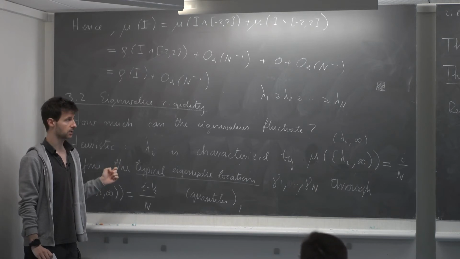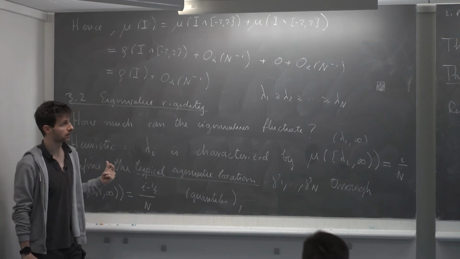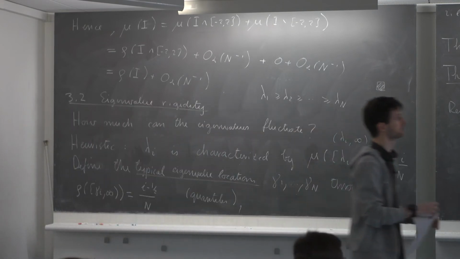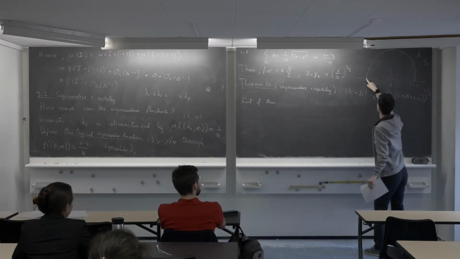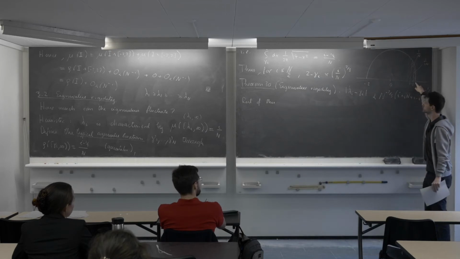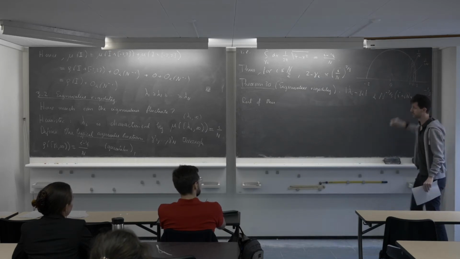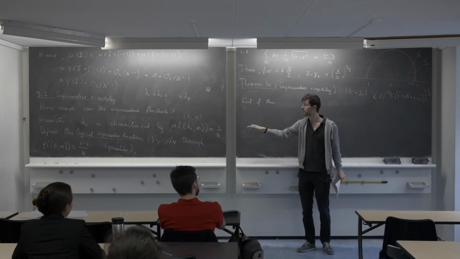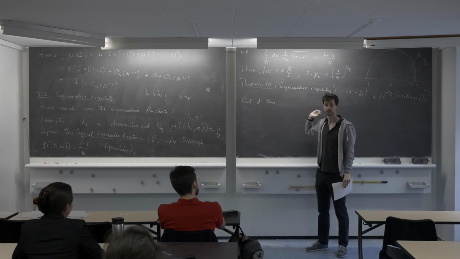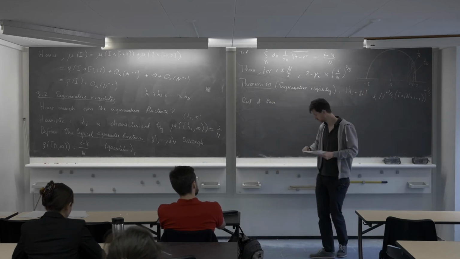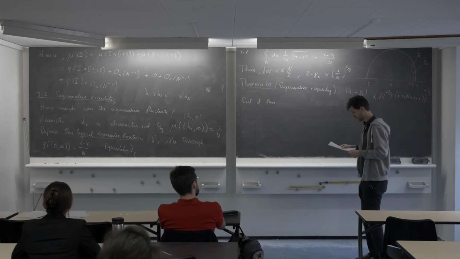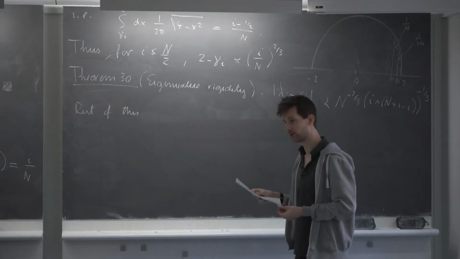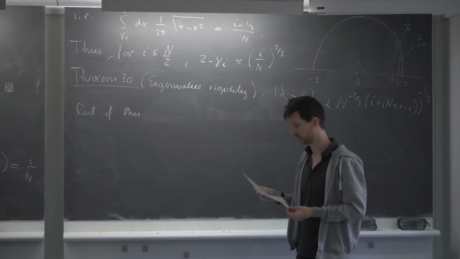And that is the extra input. But basically, if you know that the largest and the smallest eigenvalues are close to where they should be, so -2 and +2, and you have this result that we just proved, then proving this theorem is easy. So what we will do now and finish next time is prove a bound on the location of the largest eigenvalue.